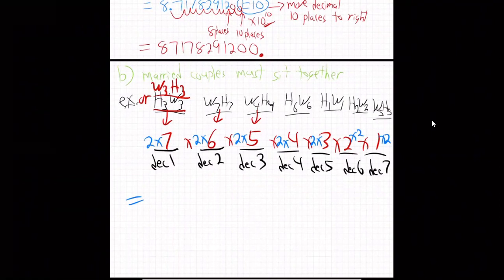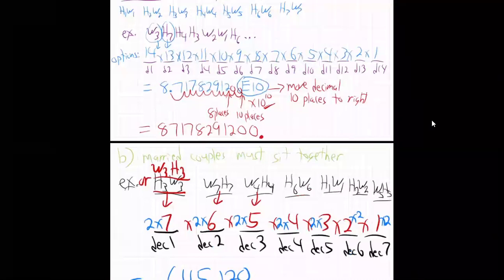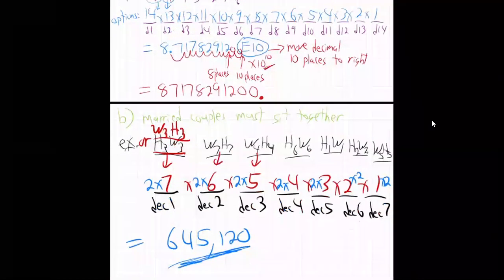And I'm getting 645,120. There we go, 645,120 options for how to seat them together when the married couples must sit together. So there we go.